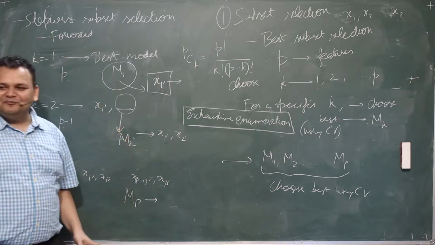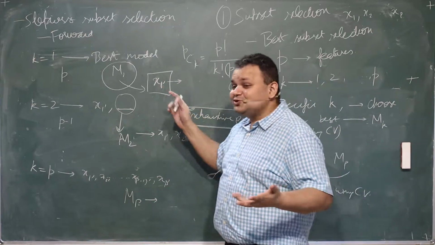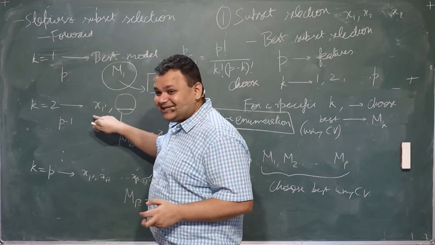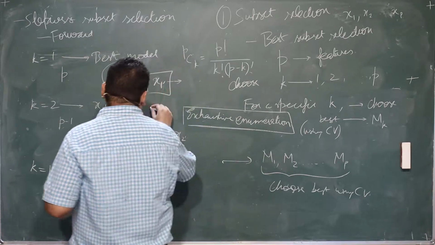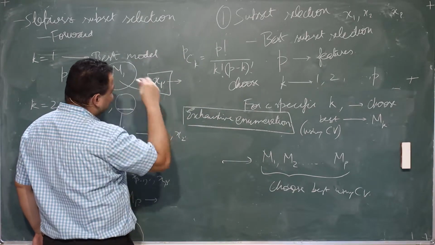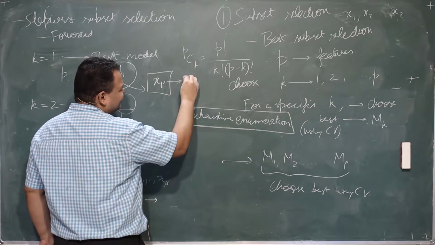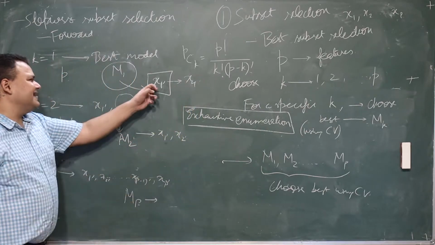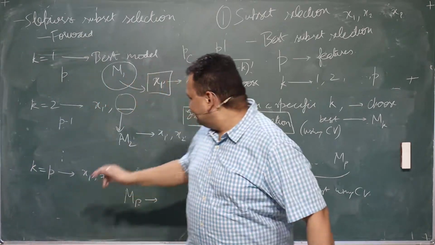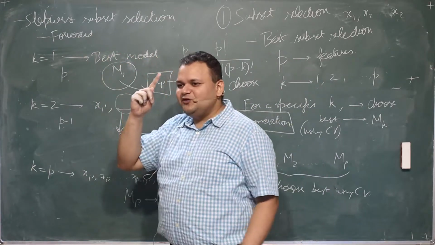When we choose only one predictor, we got x1 prime as the best predictor among those single predictors. But when you choose two predictors, it is possible that, let us say x1 prime was x4. x4 was the best when we choose only one predictor.